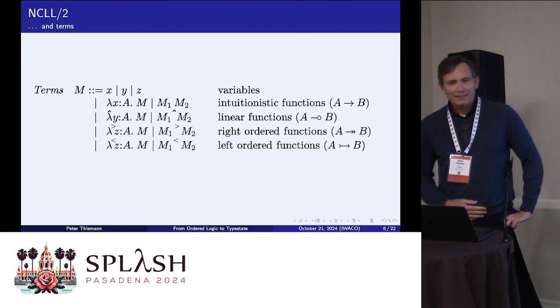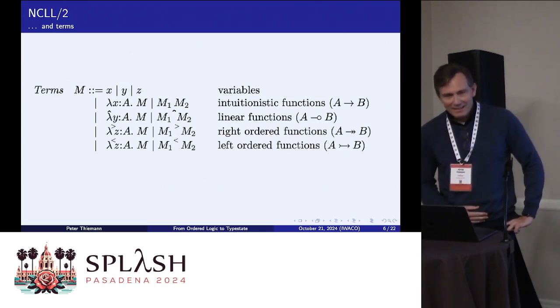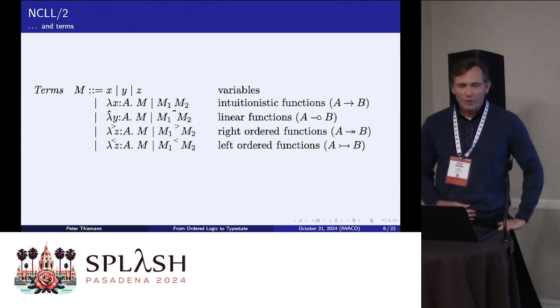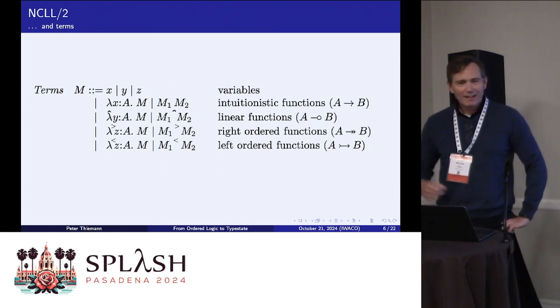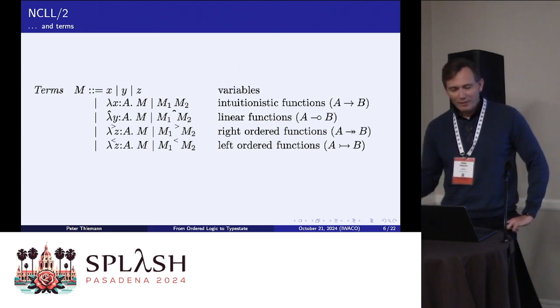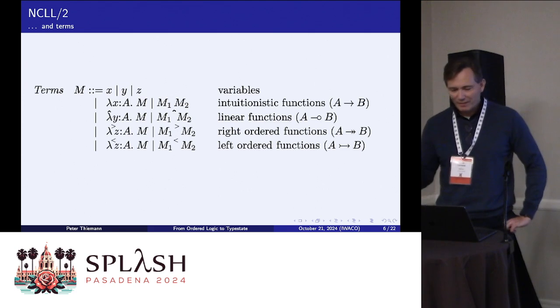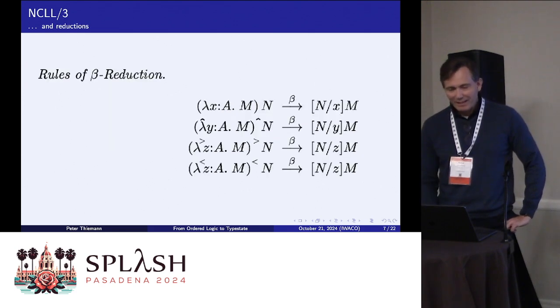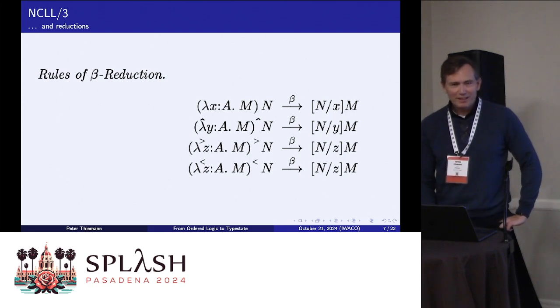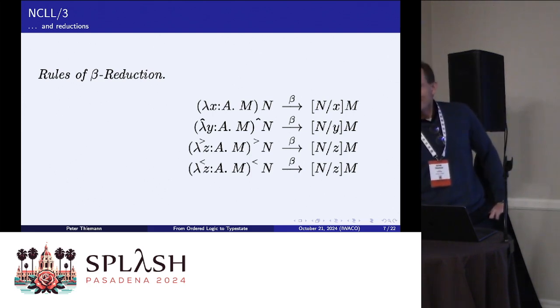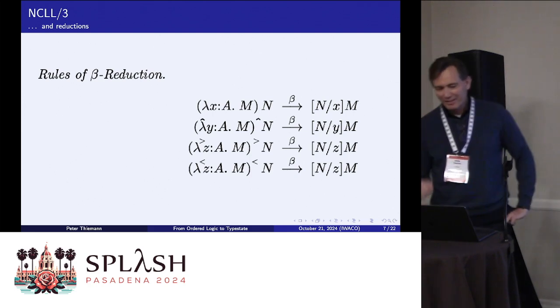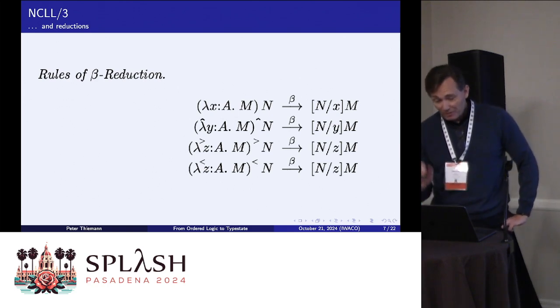Right, and I guess you already guessed it. Now that we have 4 different implications, you also have 4 different lambdas and 4 different applications, fitting to those types. And you also have 4 different beta reductions. If you squint, they all look the same, but formally they are all conceptually different.